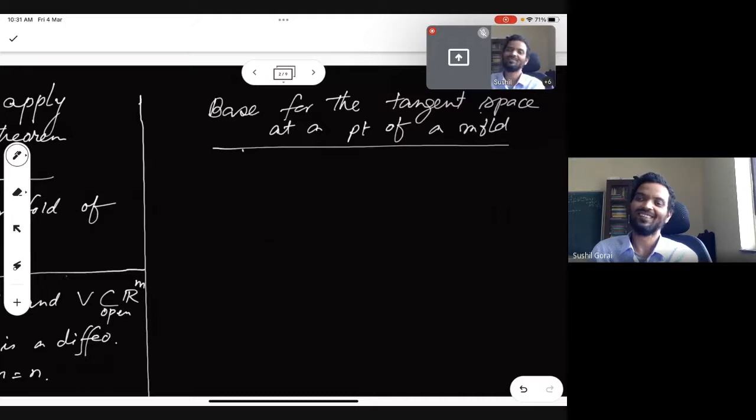No idea? Come on, there's a standard map. So what is a standard map for a manifold? Very standard.